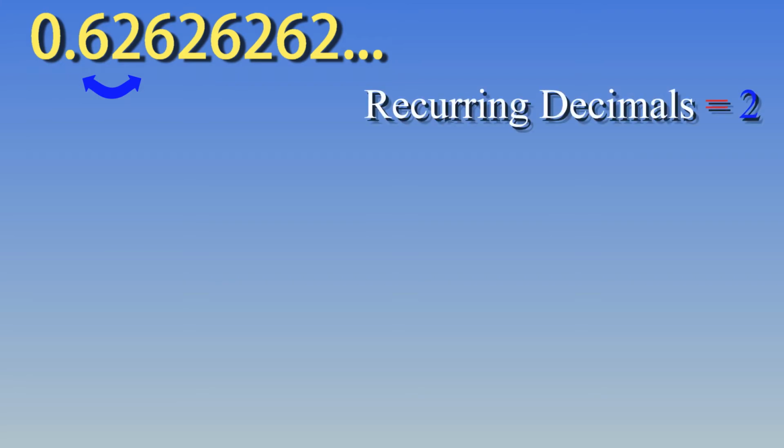There are 4 steps to converting a number like this to a fraction. In step 1, you check the length of the recurring pattern. That is, how many numbers are in the repeating pattern. There are 2 numbers in this recurring pattern.